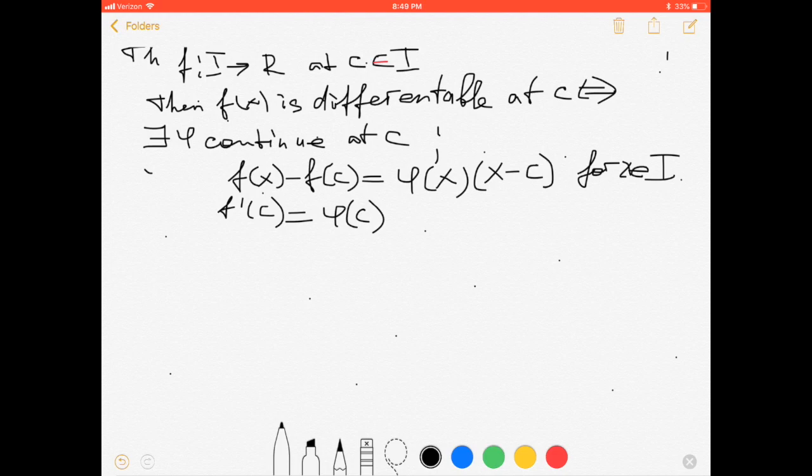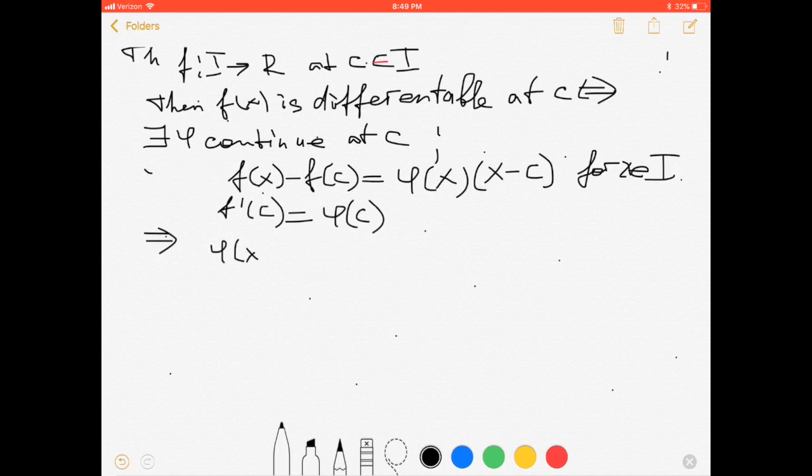Okay. How do we prove this fact? Because it is an 'if and only if', this means we prove two ways. Let's go this way. This means function f is differentiable at c.